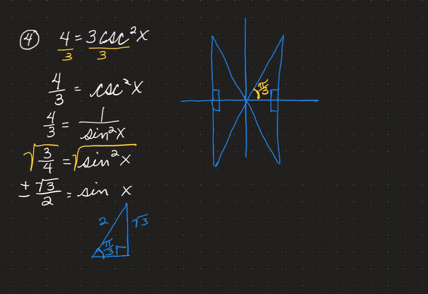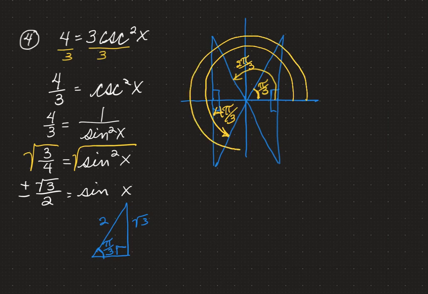In the second quadrant, it's going to be pi minus pi/3, or 2pi/3. In the third quadrant, we're passing pi, so it will be pi plus pi/3, or 4pi/3. And then finally, we have to go all the way around into quadrant 4 for our final answer.